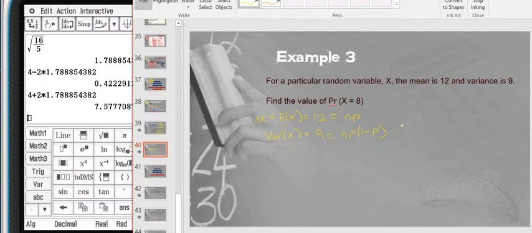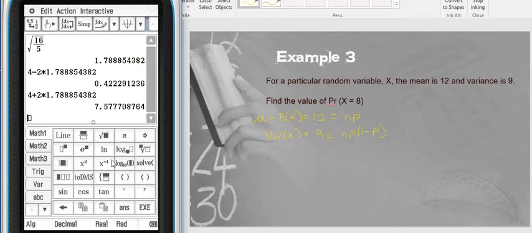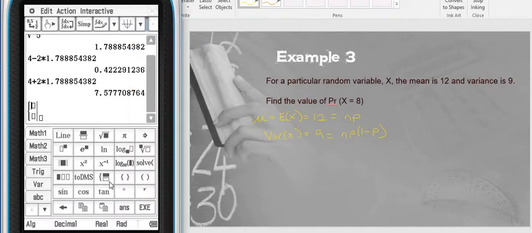We can solve them by hand, by doing our second equation divided by our first equation, or if we're in Tech Active, even quicker and easier, we can solve it on our CAS calculator.